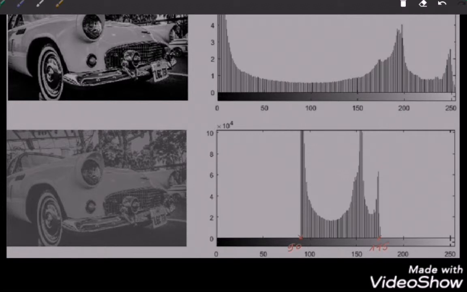So from this experiment, and also from a lot of other experiments and PDFs of a lot of other images, we can say that an image has a good contrast if its PDF, or the probability density function, is as uniform as possible, which means that its PDF should be continuous.